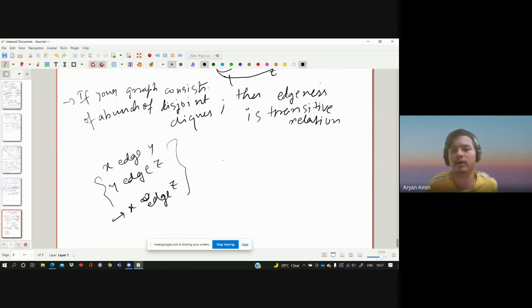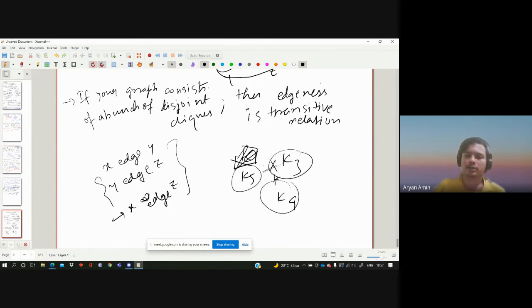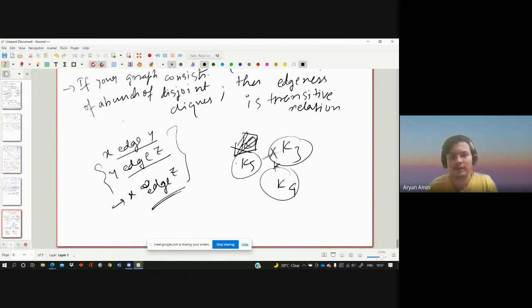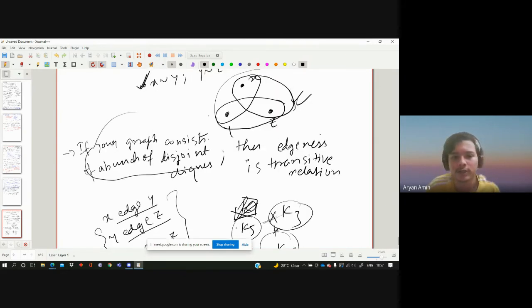Suppose you have a K5 here, a K3 here, and a K4 here, and they do not share any vertices. So if x edge y and y edge z, this means they are in the same clique. Here the clique is sort of a partition, so this holds.